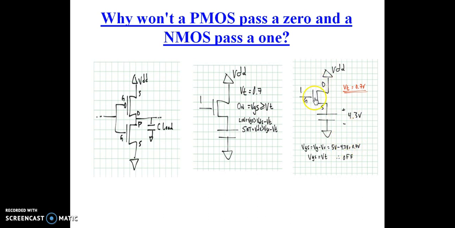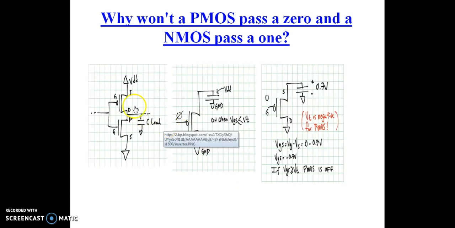As NMOS turns off, this capacitor will not be able to charge up to VDD, and that's why we can say that NMOS passes weak 1. The maximum voltage we get across the capacitor is 4.3, which is not logic high, which was 5 volt. And that's why we are saying that NMOS won't pass a strong 1.